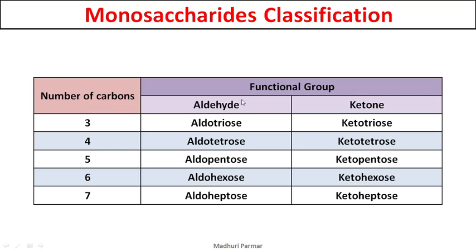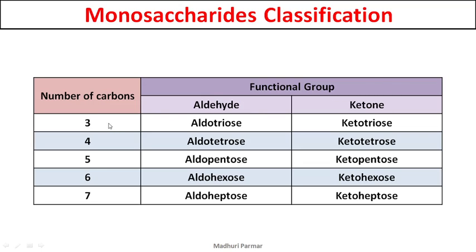You must already know that aldehyde is CHO and ketone is C double bond O. The carbons here are called the carbonyl carbon, and they are functional group isomers. Aldehydes and ketones are functional group isomers. When you study different kinds of isomers, you may have already studied this type, right? So for functional group isomers, one more example to add is aldehyde and ketone.